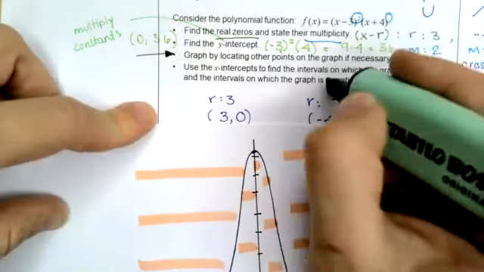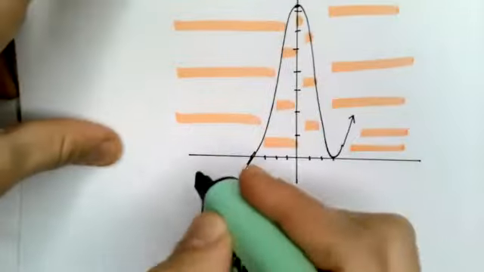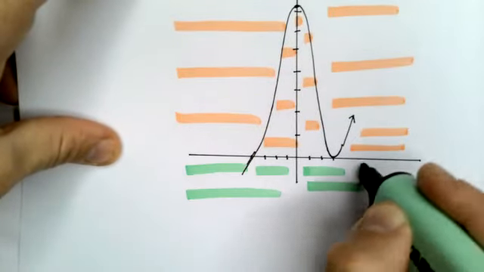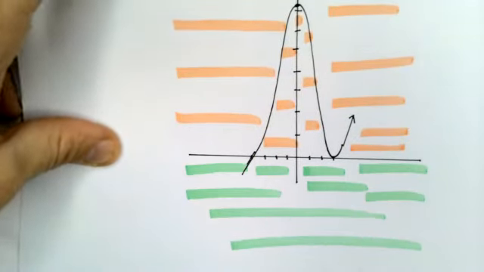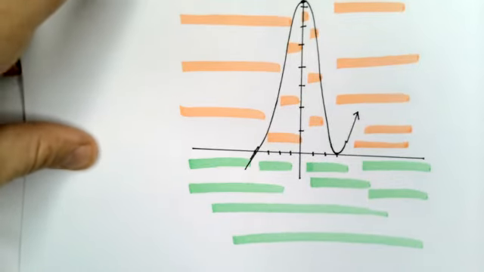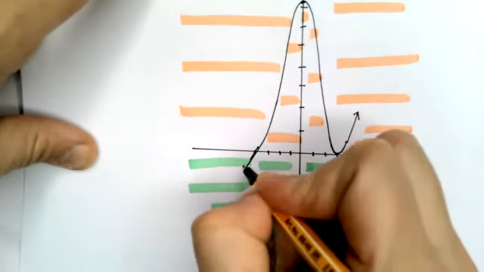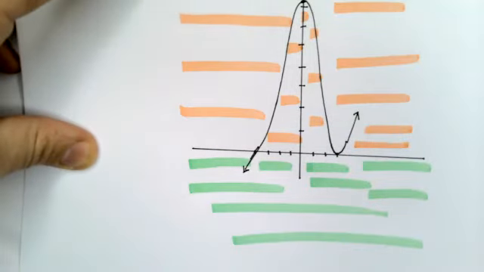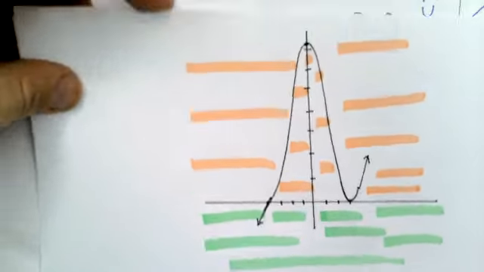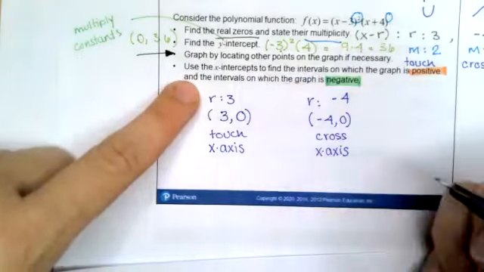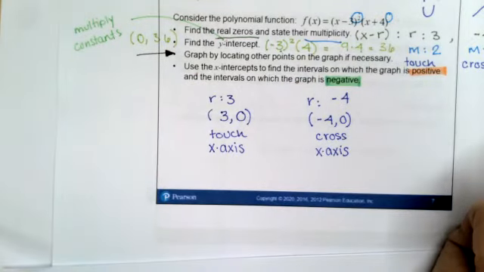Negative means the graph is below. Good, and I guess I didn't include an arrow on this side. And you're just thinking about it in terms of the interval on the x-axis.